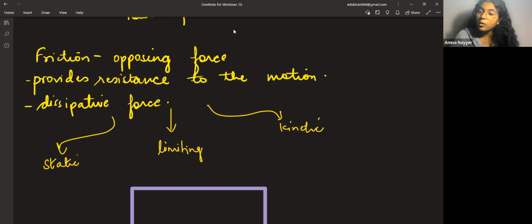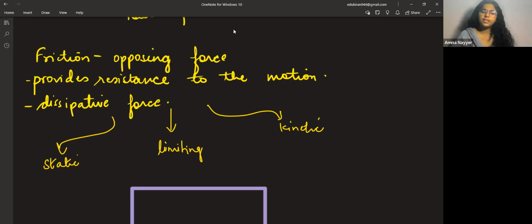And the force that opposes this, the force that provides restriction to motion: if something is smooth, it will glide off easily. If something is rough, it will keep on getting interlocked. So that's why we say friction provides resistance to motion. Friction is not a very difficult force to study or understand.